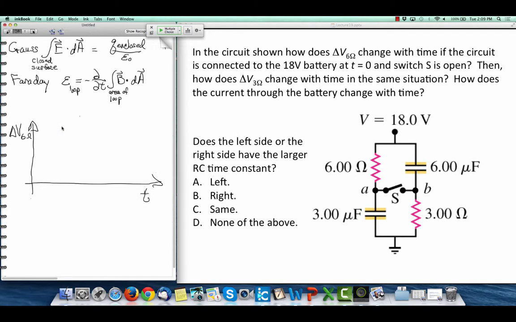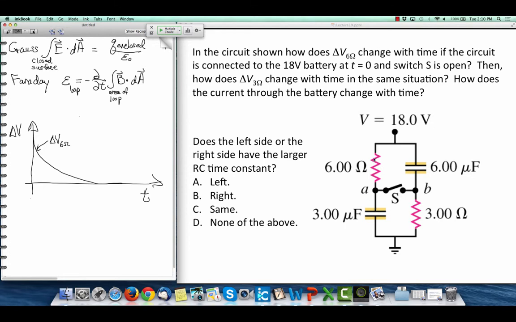So if I plot the voltage across the... So delta V across the 6 ohm resistor, well, it starts out, first of all, when you close the switch, the capacitor is uncharged, or when I hook up the battery, forget the switch for a second, for now, forever.